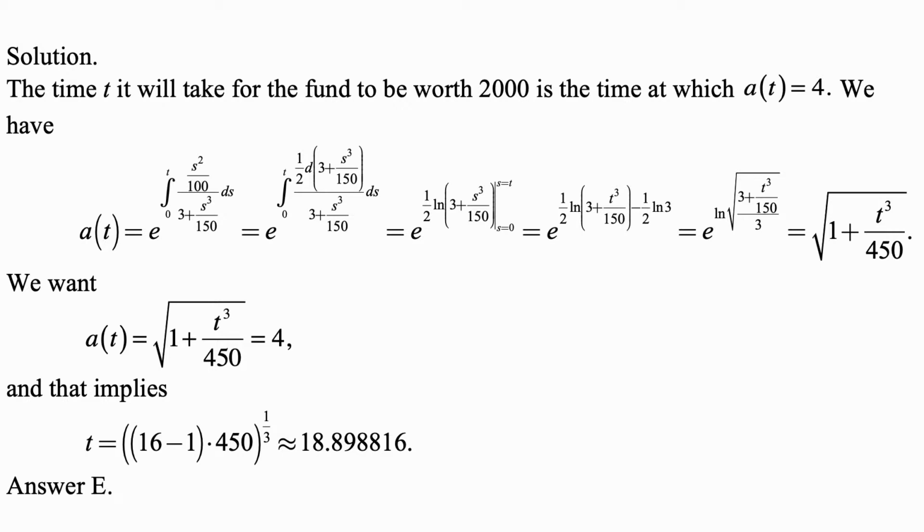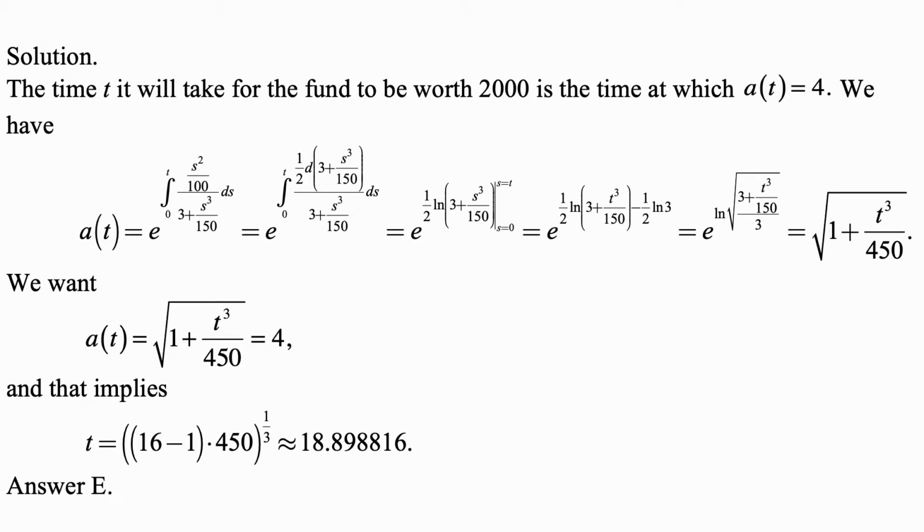So we're going to find the formula for the accumulation function, and then we'll figure out when it's equal to 4. Well, a of t is e to the integral from 0 to t of the force of interest that we are given, and because we're integrating from 0 to t, we'll use a variable s for the time that the force depends on.